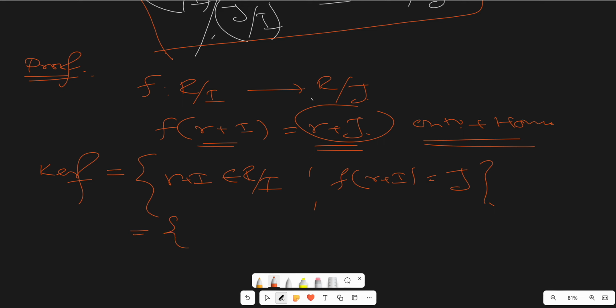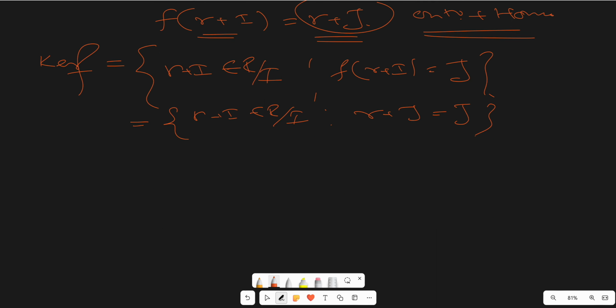This is actually all those R plus I inside R mod I such that R plus J is equal to J. Two cosets are the same if and only if R is inside J. Are you getting my point? R inside J and R plus I inside R mod I.